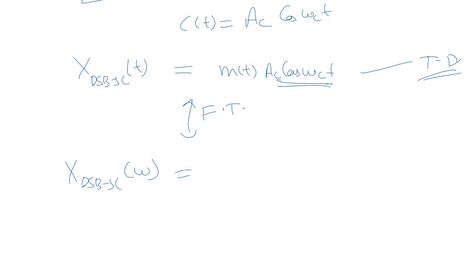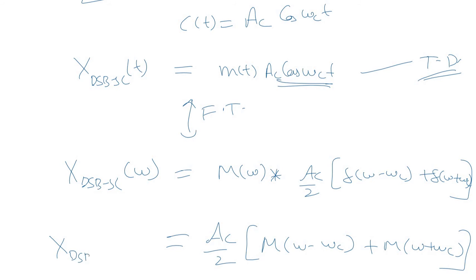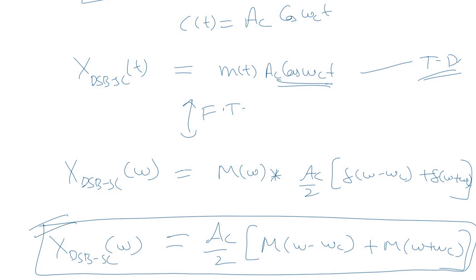So it would be M(ω) convolved with Ac/2 [δ(ω − ωc) + δ(ω + ωc)], right? And if we simplify it further, it leads us to Ac/2 [M(ω − ωc) + M(ω + ωc)], and hence this is the expression of double sideband suppressed carrier type of signal in the frequency domain.